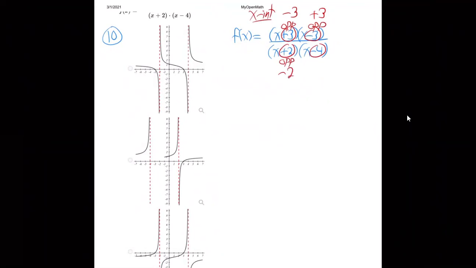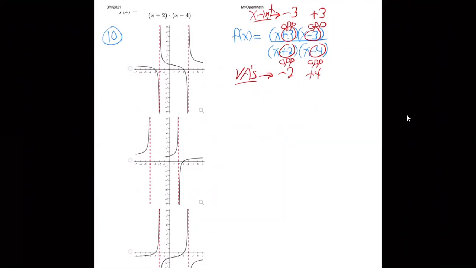So that'd be -2 and +4. And those are your vertical asymptotes. So the opposite of the numbers in the parentheses on the top are your x-intercepts. The ones on the bottom are your vertical asymptotes, the opposite.